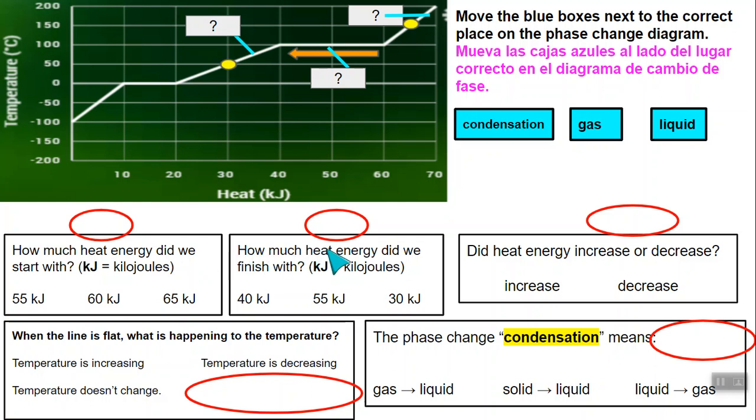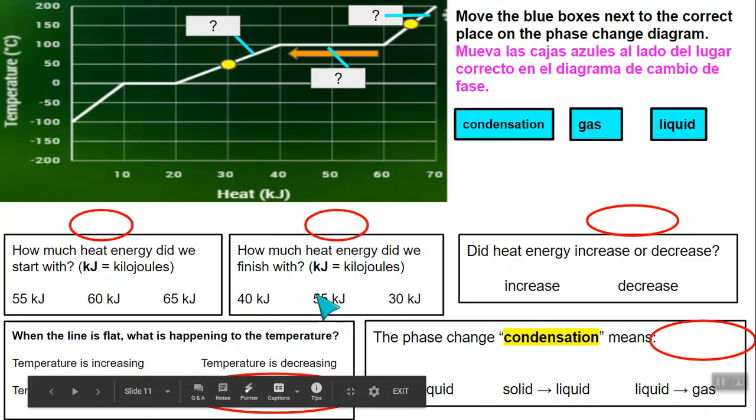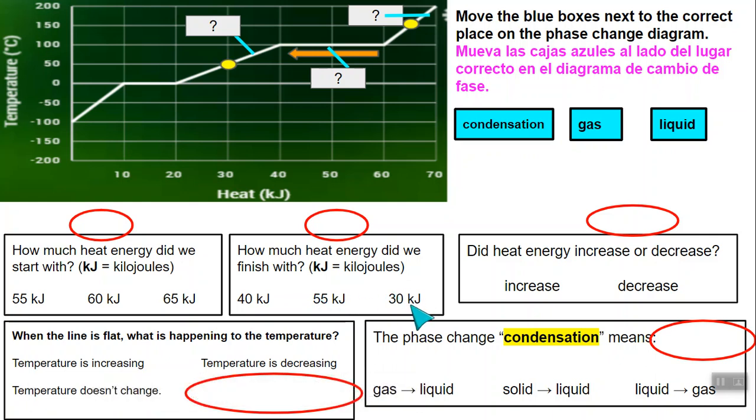Okay. How much energy did we finish with? ¿Con cuánto energía terminamos? We finished here. Terminamos aquí. So how much energy did we finish with? 40 kilojoules, 55 kilojoules, or 30 kilojoules? Pause the video to answer this question.